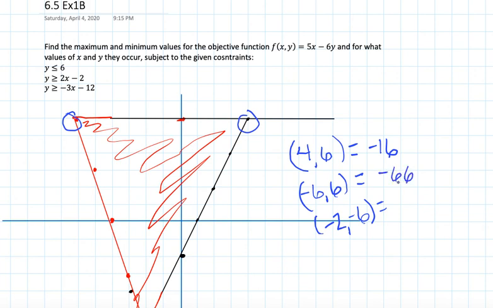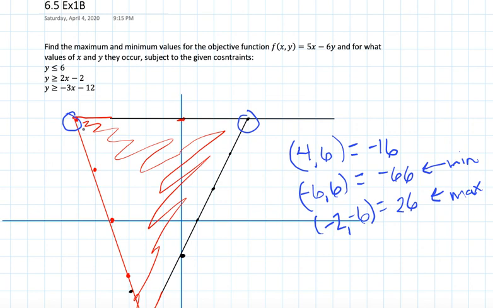And then I have -10 plus 36, and I get 26. So those are my min and max values. So here's my min, because that's the smallest value, and here's my max, because that's the largest value.